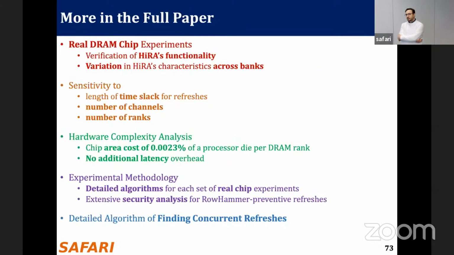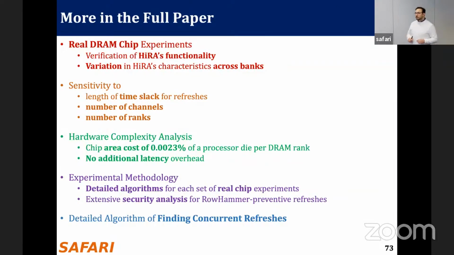For example, if you can concurrently refresh row A and row Z, they can share counters, so you can reduce their area overhead, and you can send the activation command without any additional performance cost. Yeah, but that's a good idea actually. You can just pair them statically, and you can perform refreshes in parallel. Yes, because we already have this information.